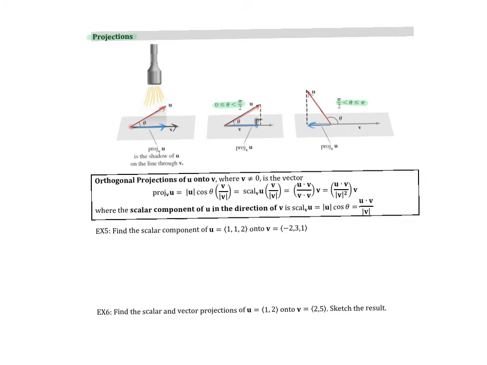So the right angle that is formed is opposite of where our vector v is. So the vector v is just giving us parallel, right?